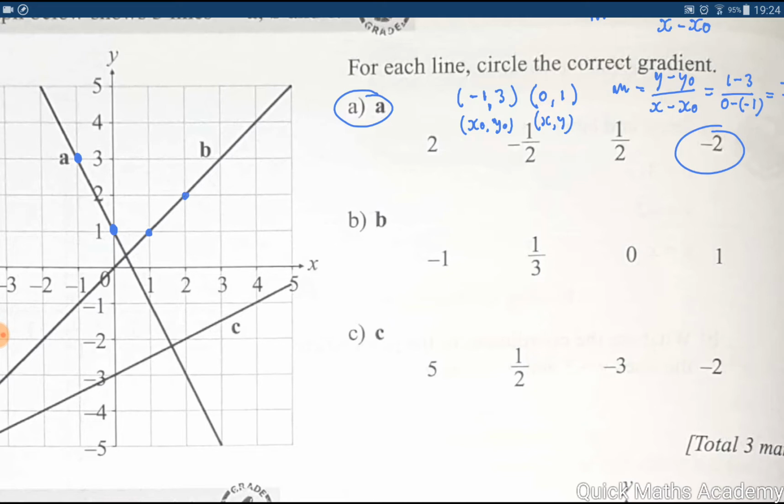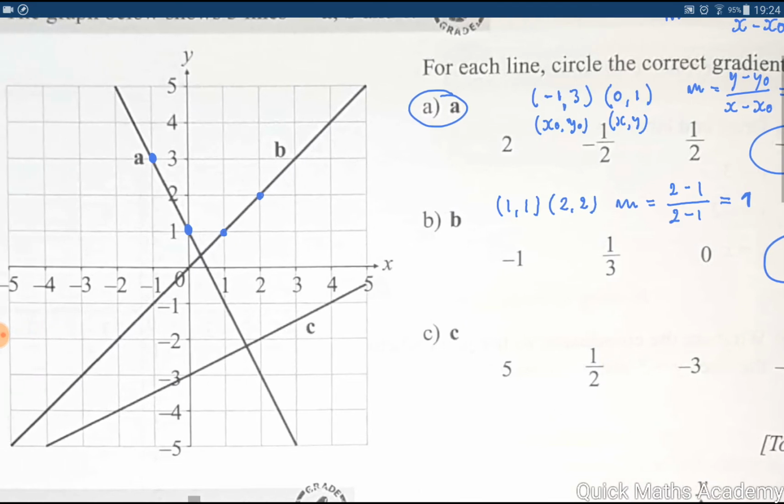So if I do, my m will be 2 minus 1, that is y minus y0, over, again, 2 minus 1, which is x minus x0. So we have 1 over 1, which is 1. And there we have it.